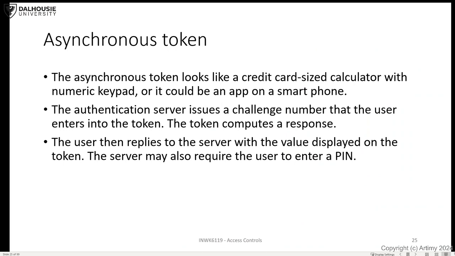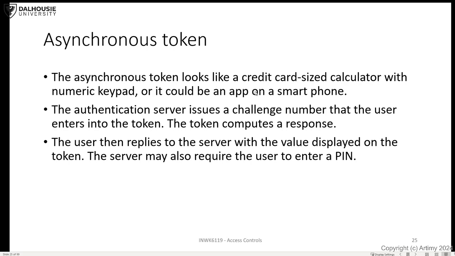To avoid the problems of these systems, we can use something called an asynchronous token. The asynchronous token uses a technique that you know from cryptography. It just sends a challenge.